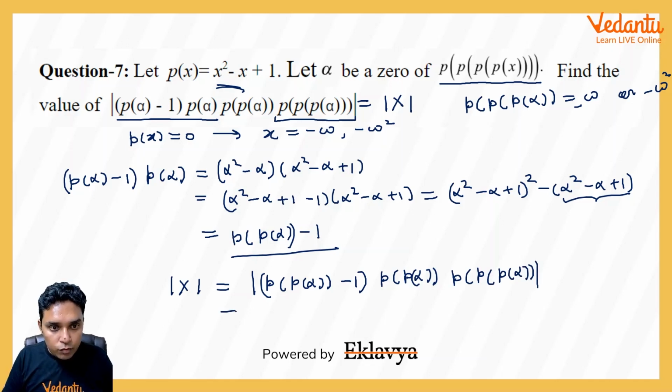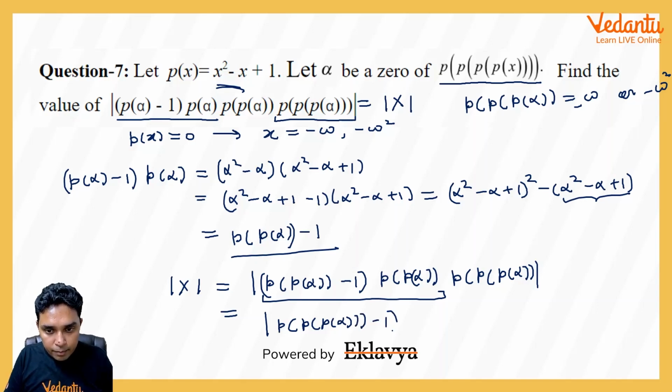So similar to what we did before, if we combine these two, I think this will become p of p alpha 3 times p, minus 1 bracket, and then 3 times p of alpha.